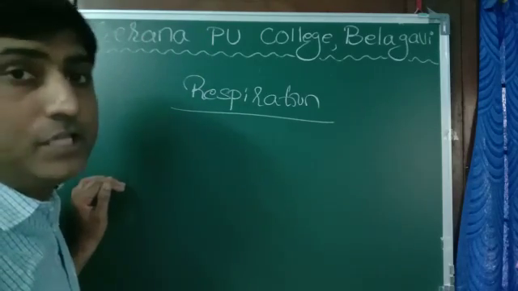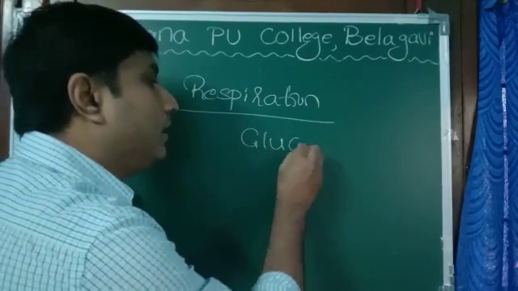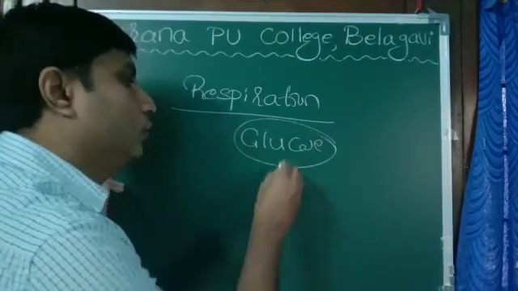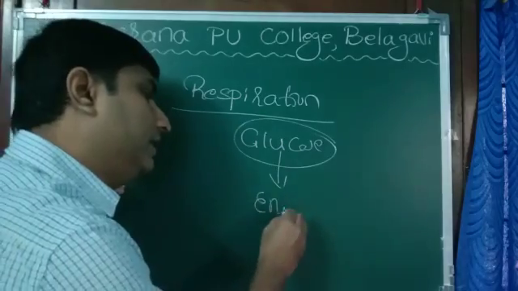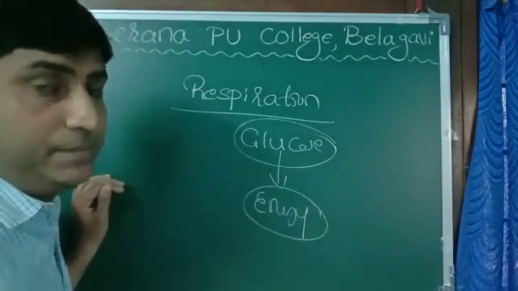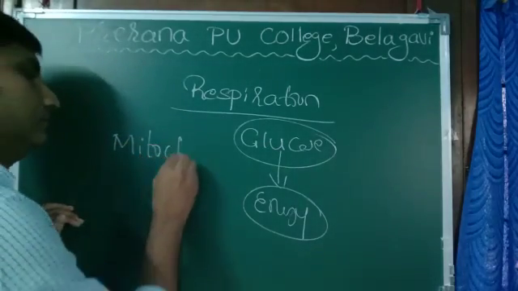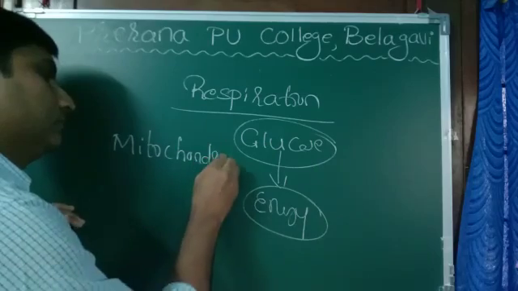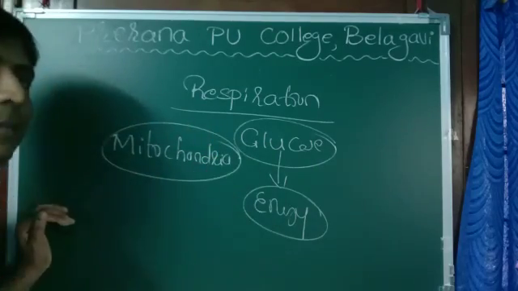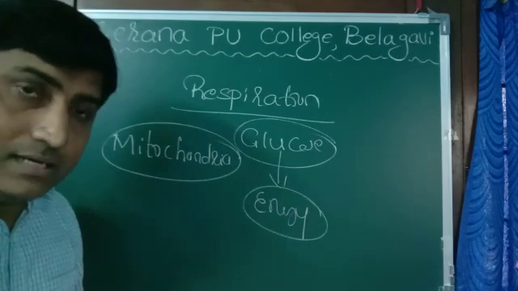And what is the purpose of respiration? During respiration, the glucose is broken down to release energy. The cellular respiration takes place in mitochondria. That's why mitochondria is called the powerhouse of the cell.